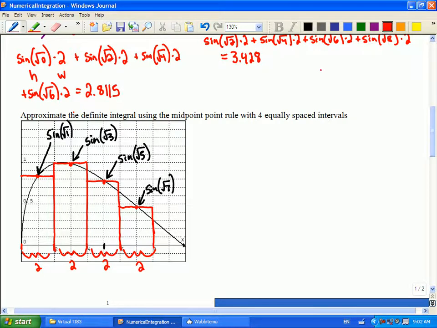So using the midpoint rule, width times height for each of these pieces, it'll be 2 times the sine root 1 plus 2 times the sine of root 3, 2 times the sine of root 5, and 2 times the sine of root 7.